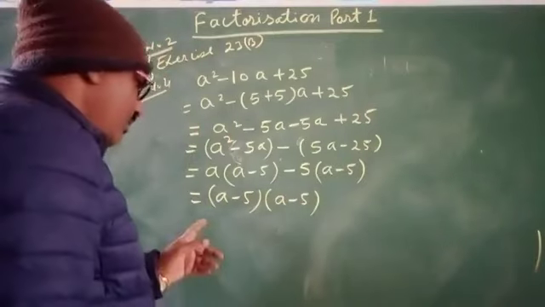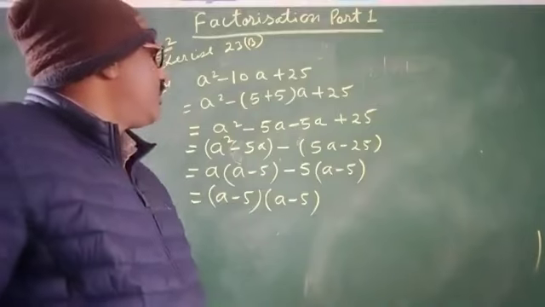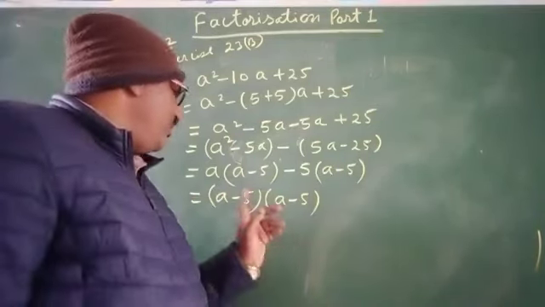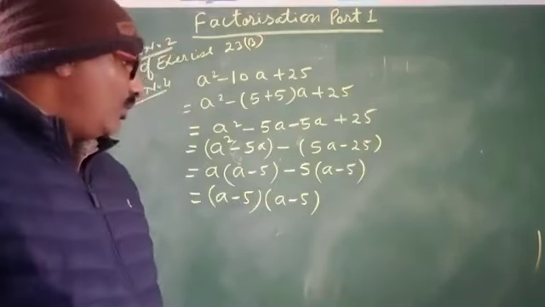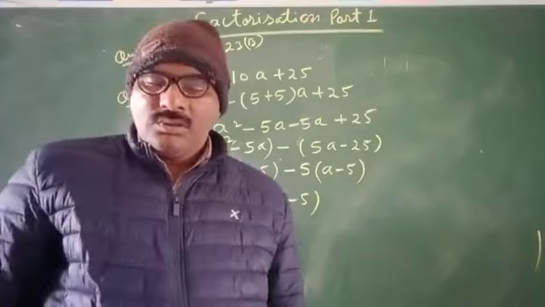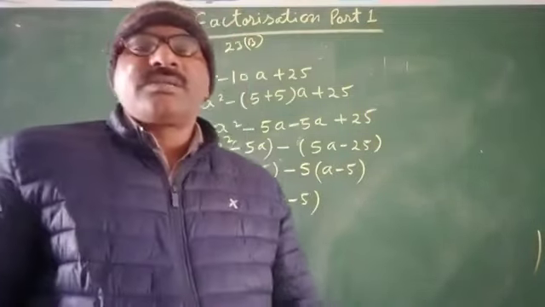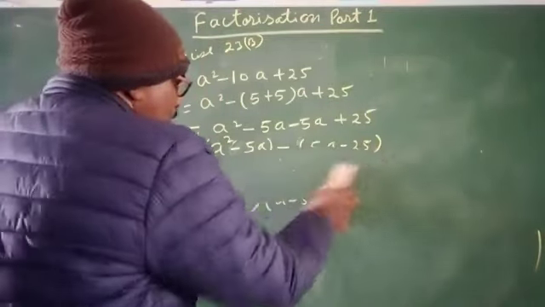So the factorization of a square minus 10a plus 25 will be a minus 5 and a minus 5. So I hope that this is clear to you. Now I will explain another question.